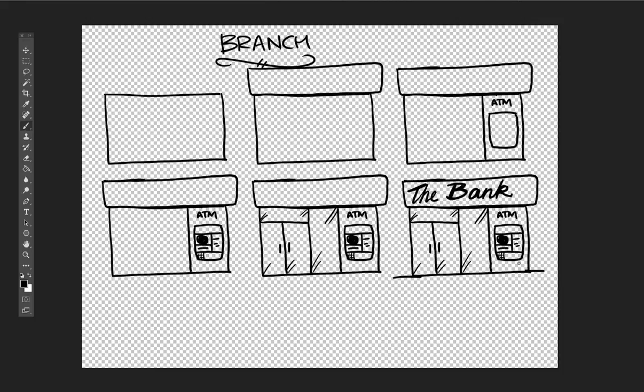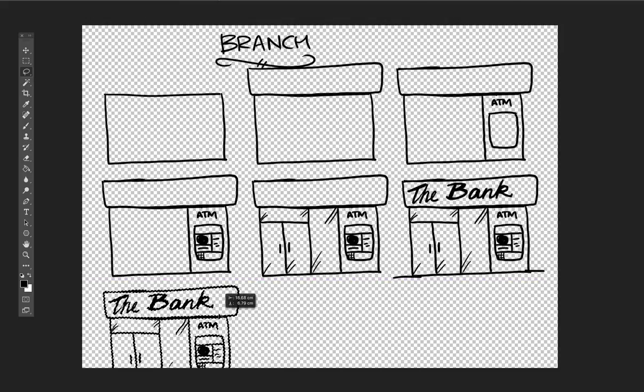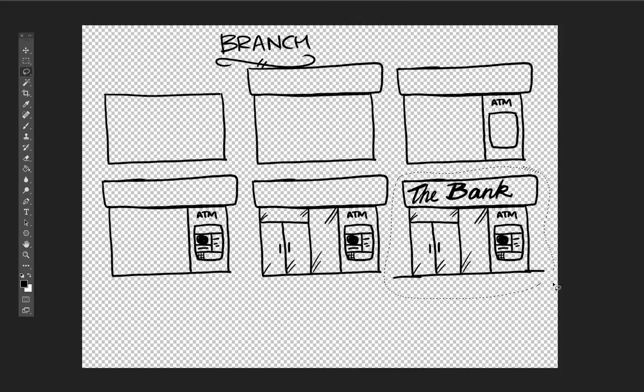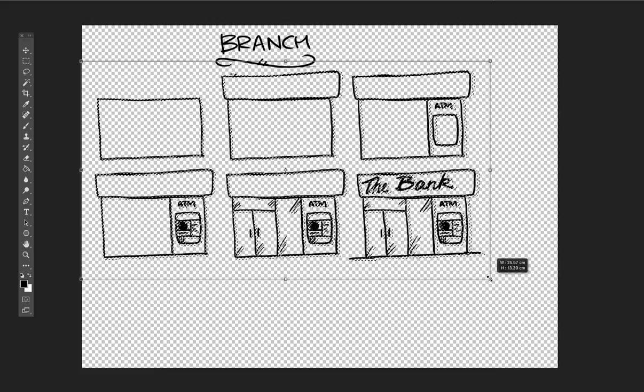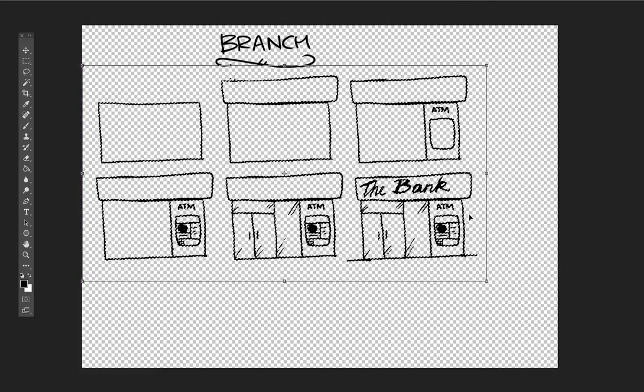And you can play with doing other things, like you might not have the bank title across the top, though it works really well. Sort of like how I simplify stores and stuff.